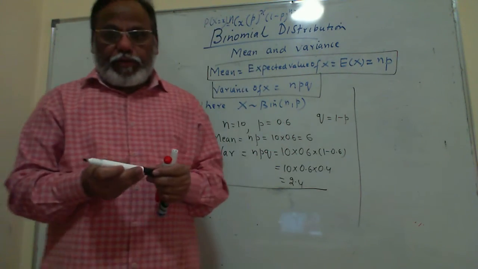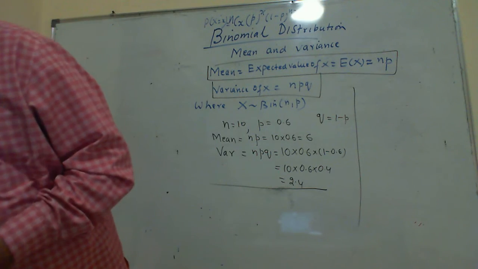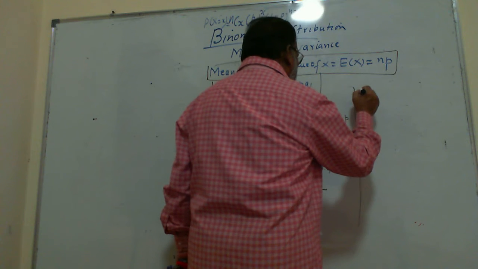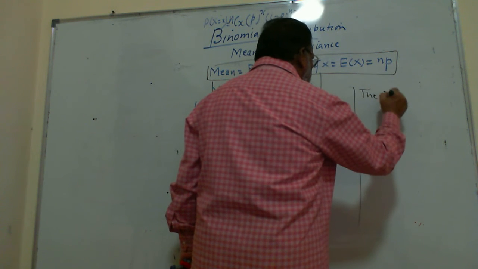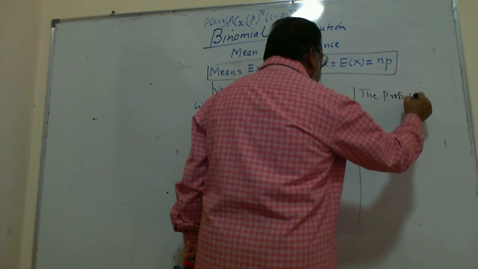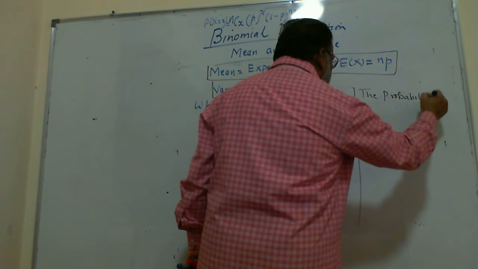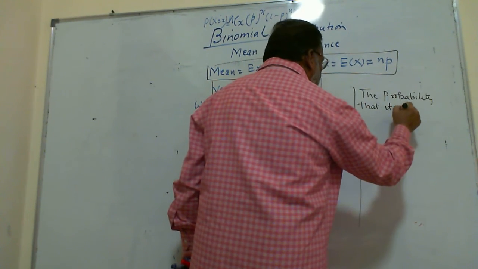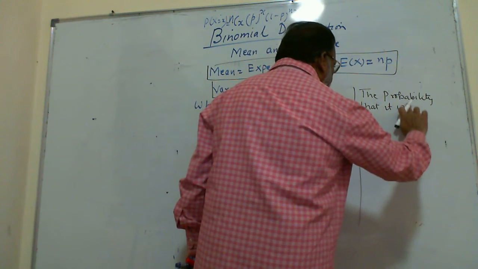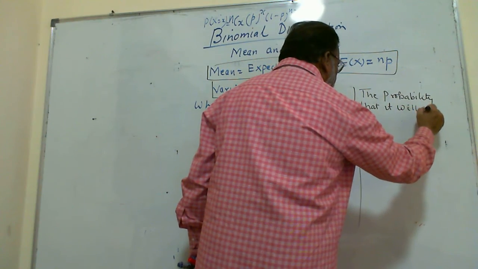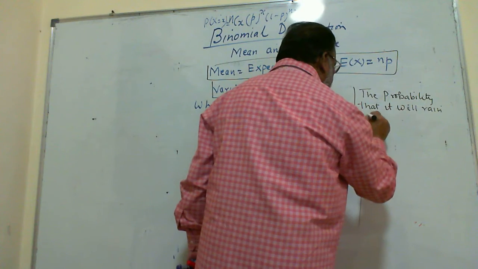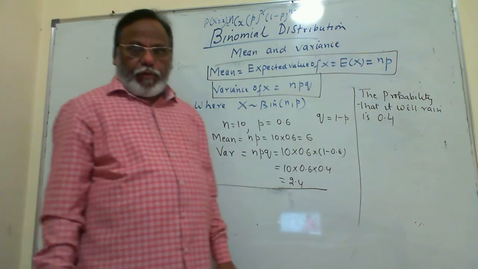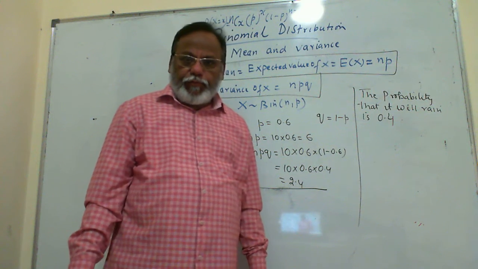I write the question: the probability that it will rain is 0.4.